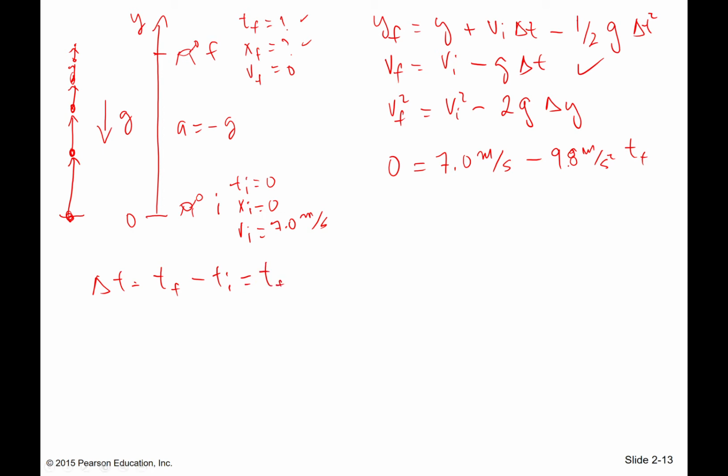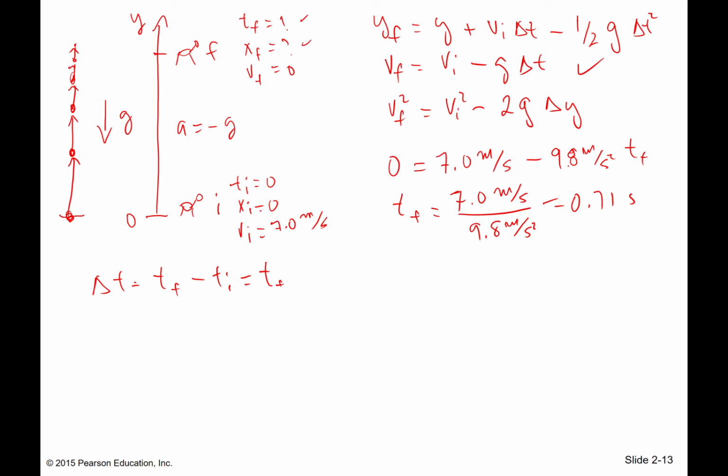Now I can find t final: t final is equal to 7.0 meters per second divided by 9.8 meters per second squared, and this is 0.71 seconds. That is my first answer.